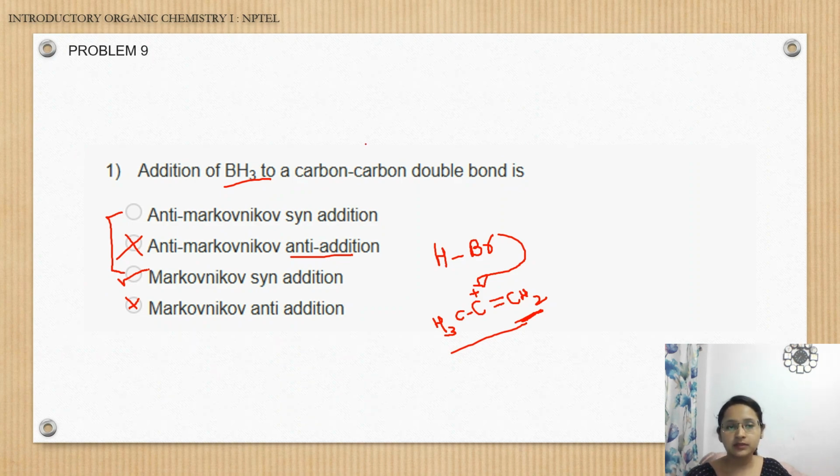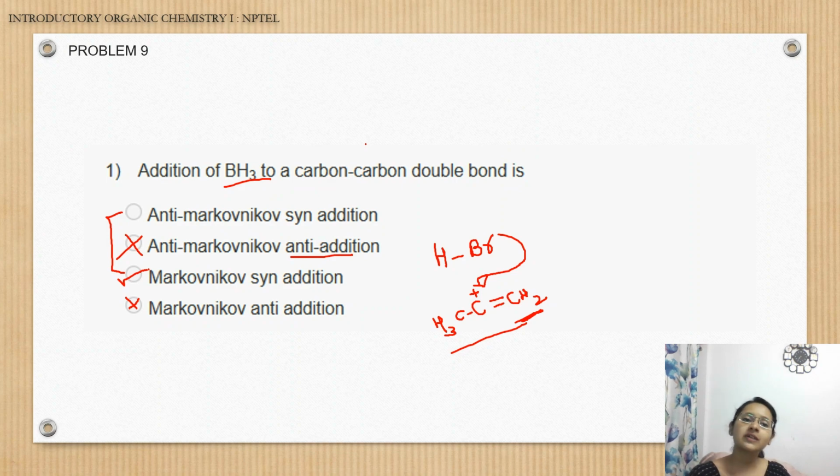Fine with everyone? Any queries, any doubts? Why is it anti-Markovnikov? Why is it not Markovnikov addition? See, anti-Markovnikov suggests that 1-bromopropane is going to be formed, but Markovnikov suggests that the negative part will go to the carbon having a lesser number of hydrogens, the more substituted one.